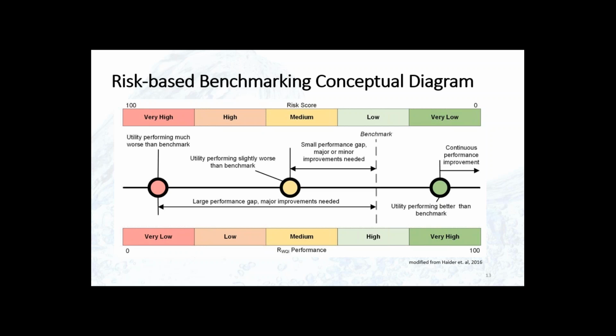For utilities performing slightly below a benchmark, major or minor improvements are needed depending on the technological and behavioral upgrades already in place. And for utilities performing better than the benchmark, the ones performing well, their priority shifts to continuous performance improvement in terms of priorities such as customer satisfaction and operator reliability.